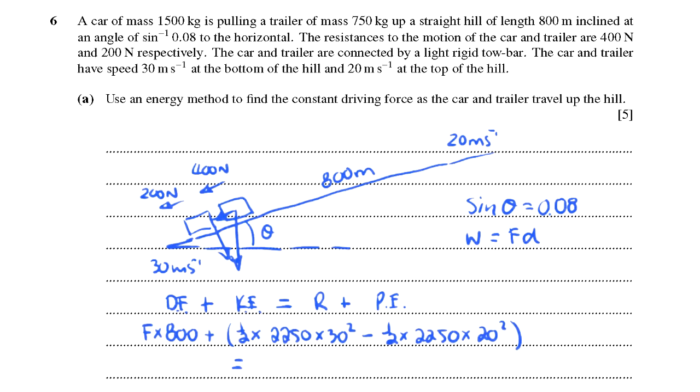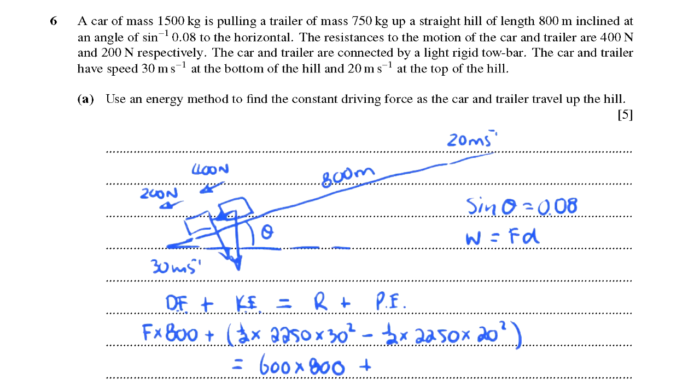All right, the resistance is, we've got two forces there, 200 and 400. And we are going to find the energy by force times distance again. So we can do 200 times 800 plus 400 times 800, or we can just combine them and do 600 times 800 for the resistance. And the potential energy, this is where we're going to use the sine theta, is mgh.